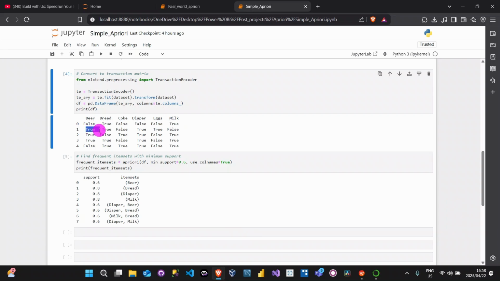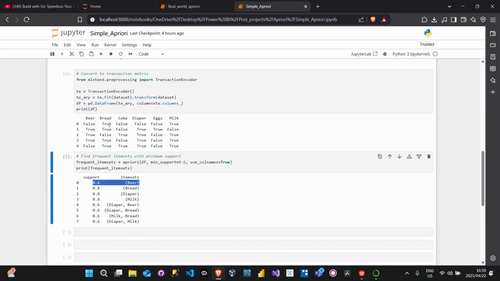In our second transaction, we do have beer, which is 1. Third transaction, we also have beer, which is 2. Then in our fourth transaction, we also have beer, which is 3. In our last transaction, there is no beer. So out of the 5 transactions, we've got 3, and 3 over 5 times 100 gives us 60%.